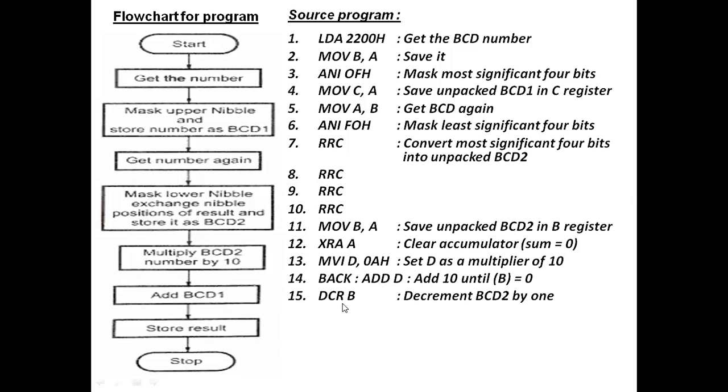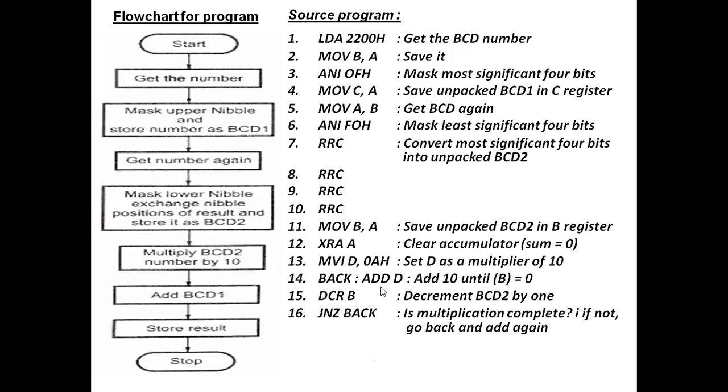And then we are going to decrement B. So now B contains the BCD2 value. Suppose it is 7. So 1 time 10 is added. So we are going to decrement the content of B. Until it is equal to 0, we are going to go back. So add D, decrement B, add D, decrement B, add D, decrement B.